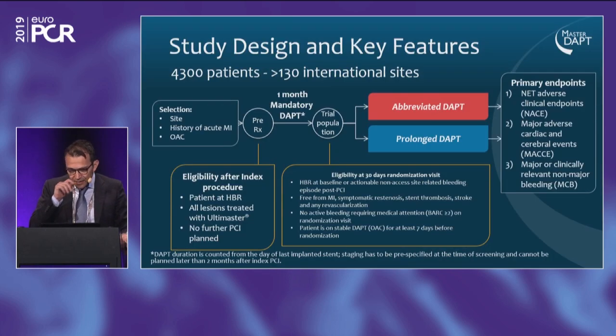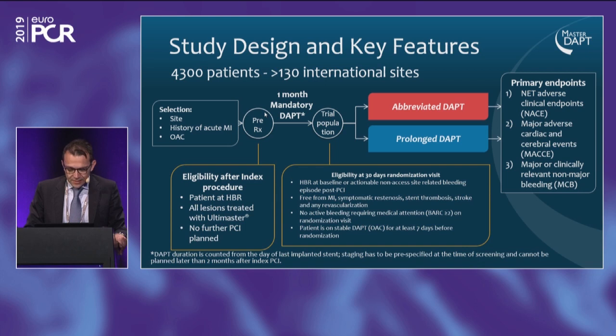Now, MASTI DPT is about 4,300 patients who are being recruited across as many as 130 international sites. The patient has to fulfill an HBR condition, at least one among those I was showing just a few minutes ago.